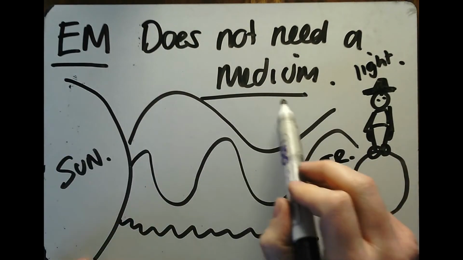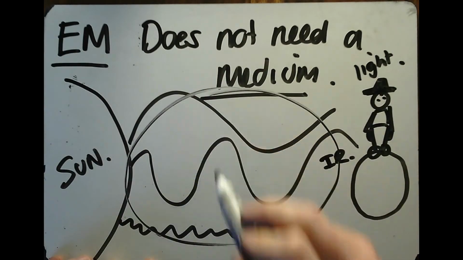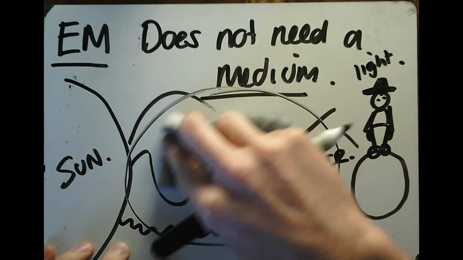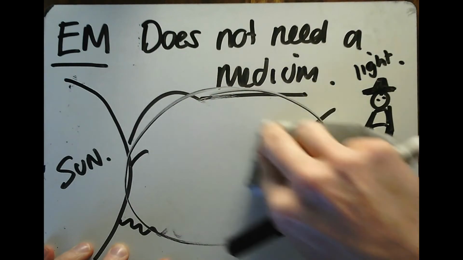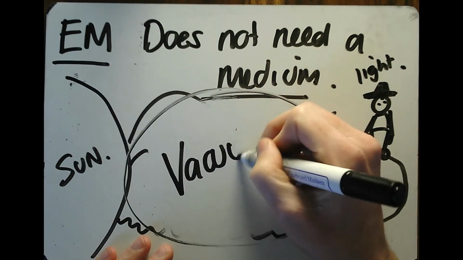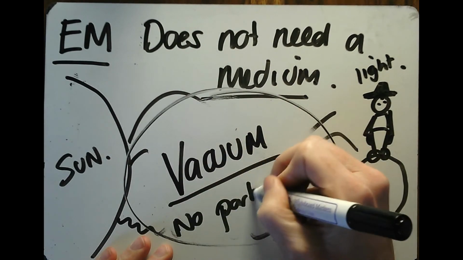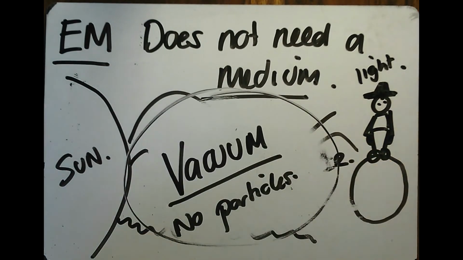So this whole area here between the sun and the person is space. And space is what we call a vacuum. It contains no particles. So there's no medium, there's no particles there.